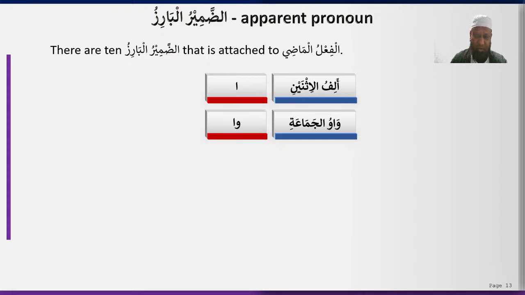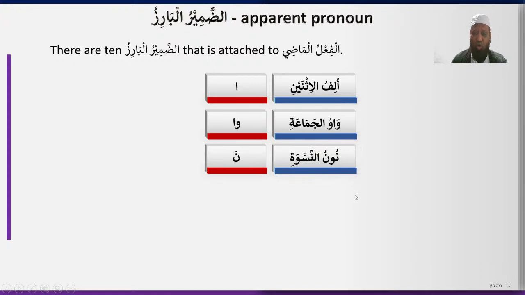So this alif is to separate from the words coming after it. Actually, the damir al-bariz is the waw. It is called wawul jama'ah. Number three, noon with the fatha. It is called Noon al-Niswa.